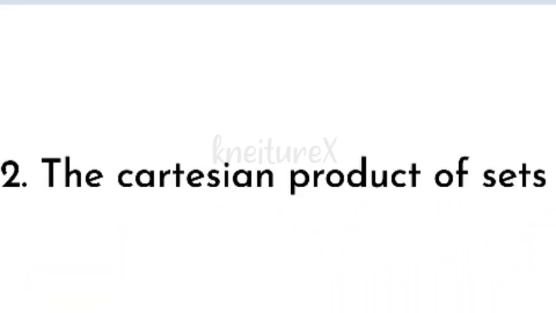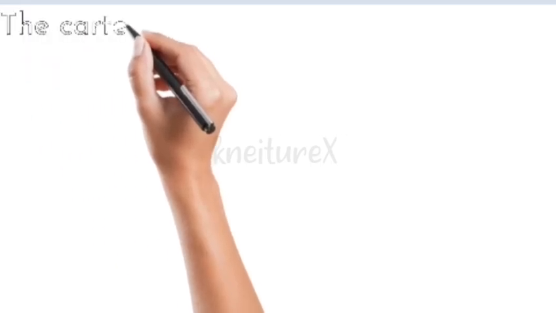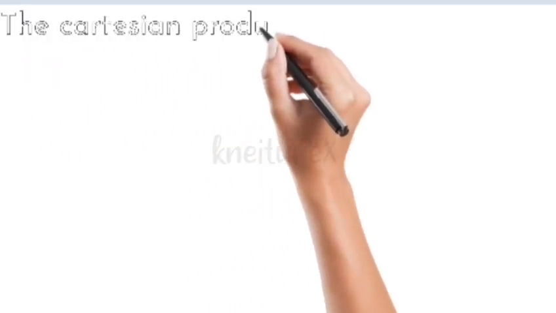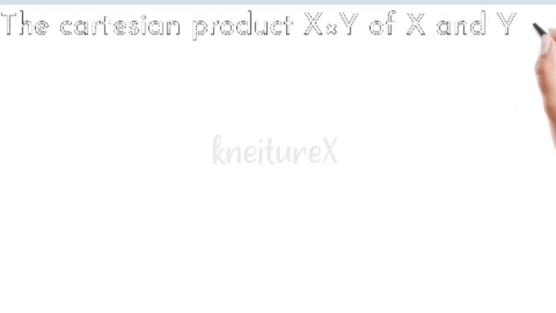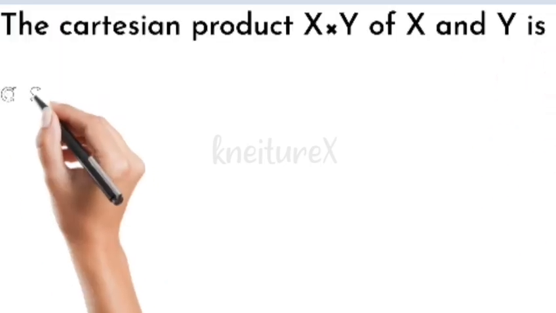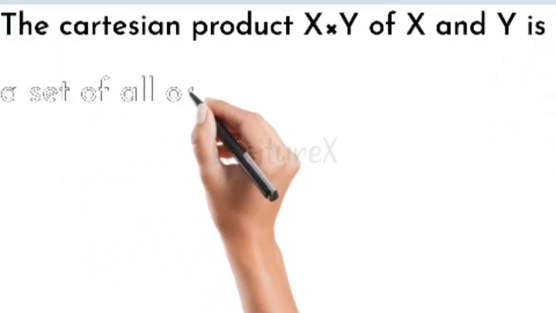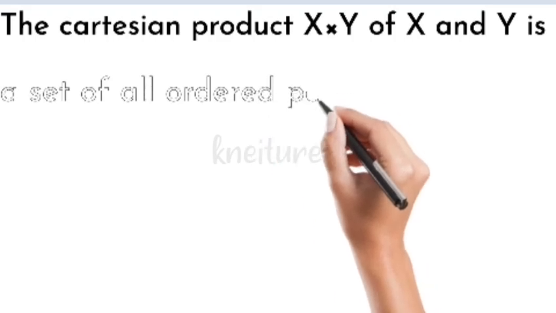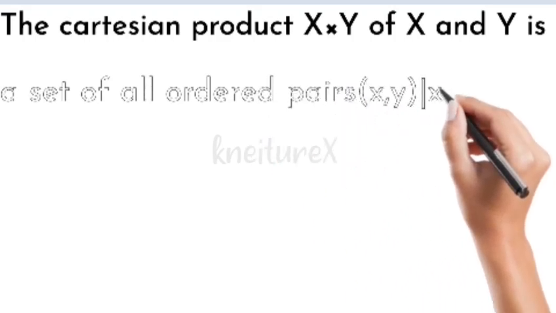The next one we want to look at is the Cartesian product of sets. In this Cartesian product, we make use of ordered pairs, that is, open interval brackets. Our Cartesian product is represented with letters like X cross Y. The Cartesian product X cross Y of X and Y is a set of all ordered pairs, like I said, making use of the brackets.